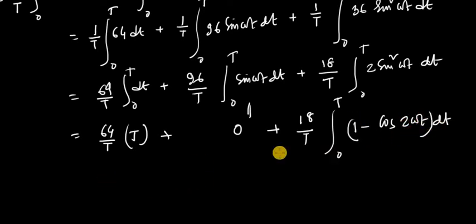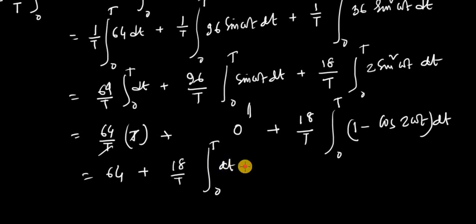Okay, again this dt cancel, this is 64 plus now 18/T, first term is 0 to T only dt minus again 18/T, second term is 0 to T cos 2ωt dt.